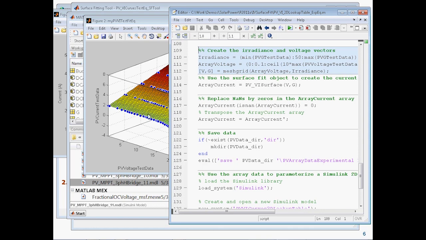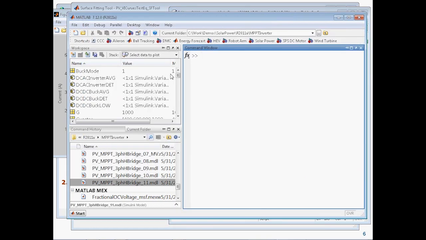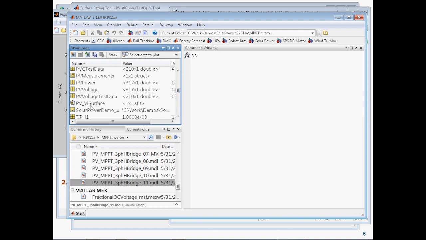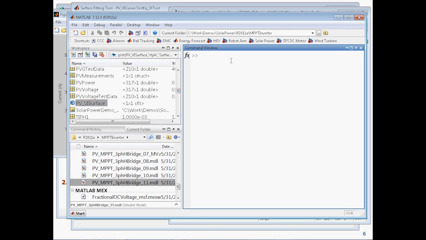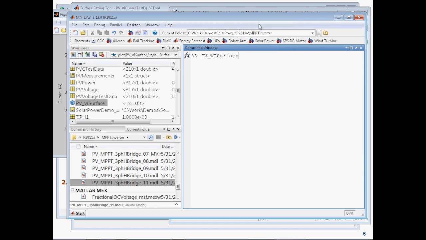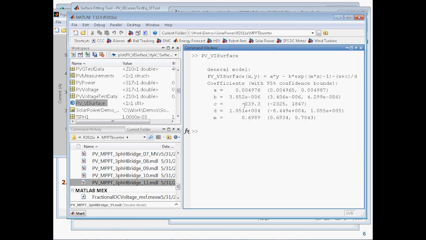Once that surface is created, what has happened is I have an object. It will be somewhere here. There you go. There's a PV VI surface, which is a surface fit object. If I want to look at it, PV underscore VI surface. That's the object. You can look at it. There's the equation. There's the coefficients for the equation.